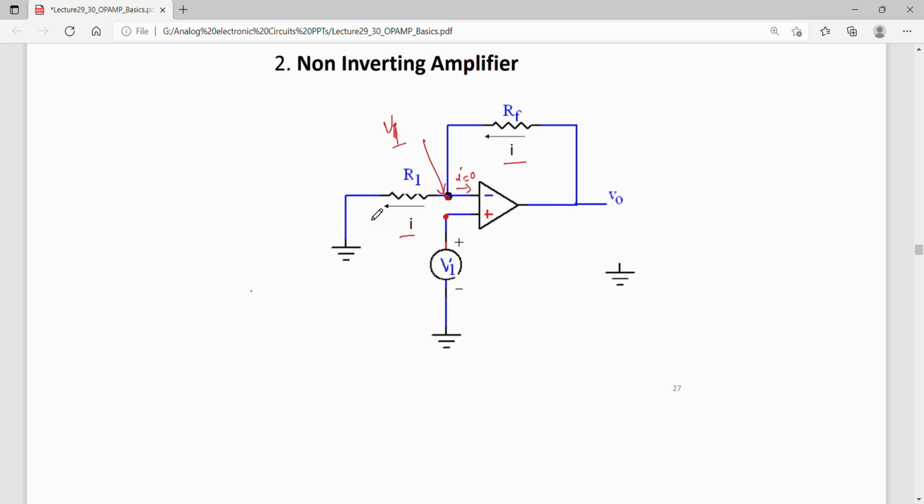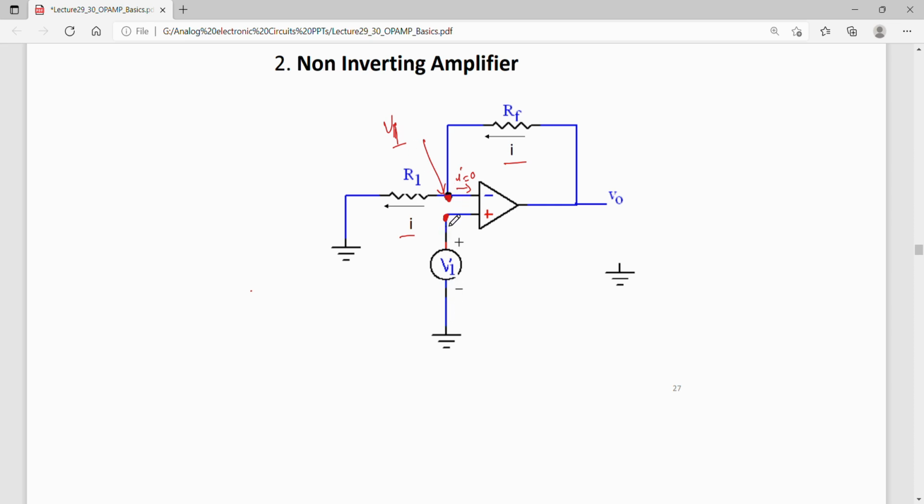Now one can again write using KVL. Since this node is connected to V1, that obviously means this is also at the same potential. Earlier we had said that if this is connected to ground, this is virtual ground.